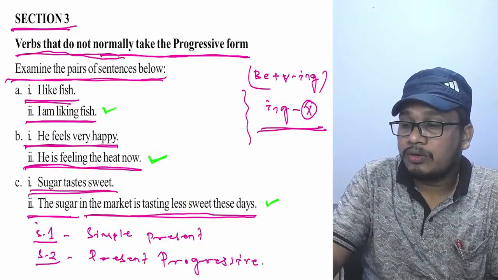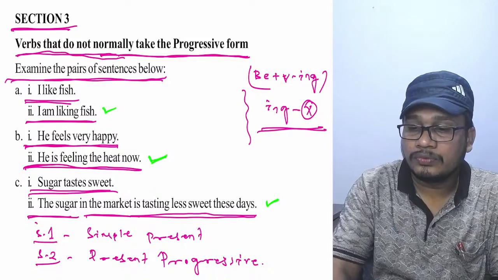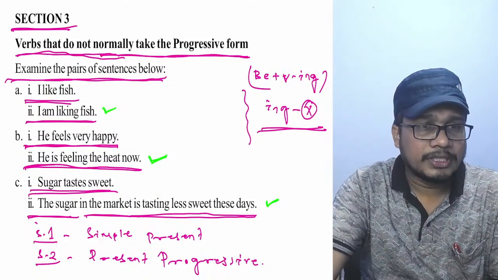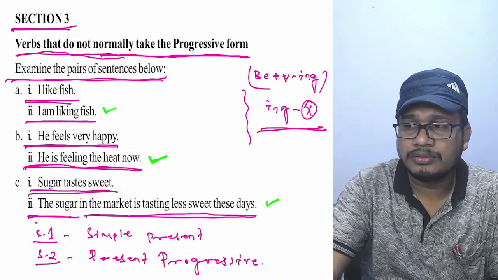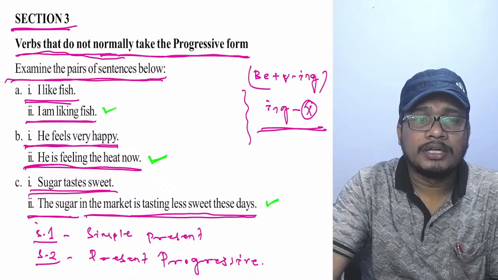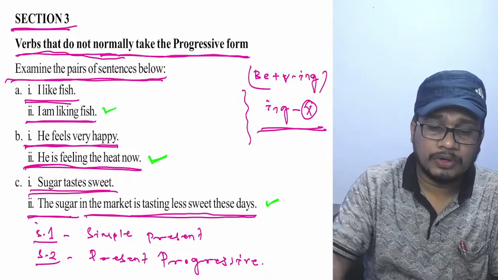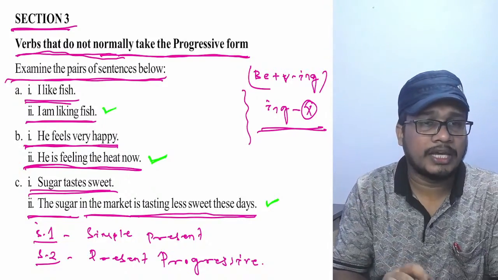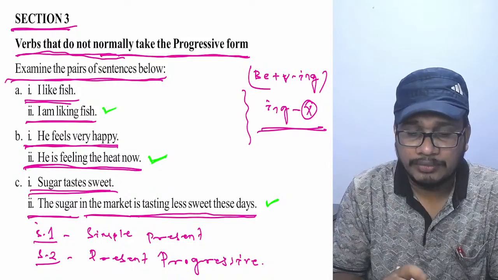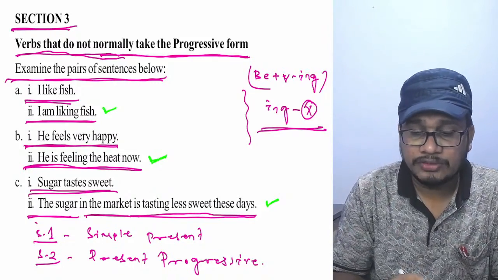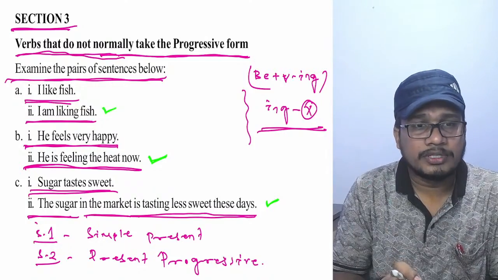They are also used in simple present tense. They usually are not used in present continuous form; they take the simple present tense. Like, I like fish; I am liking fish is not a usual sentence. He feels very happy; He is feeling happy now is not an acceptable sentence.